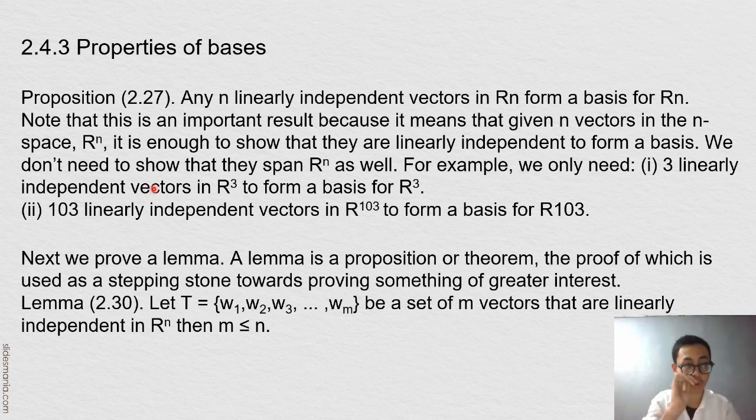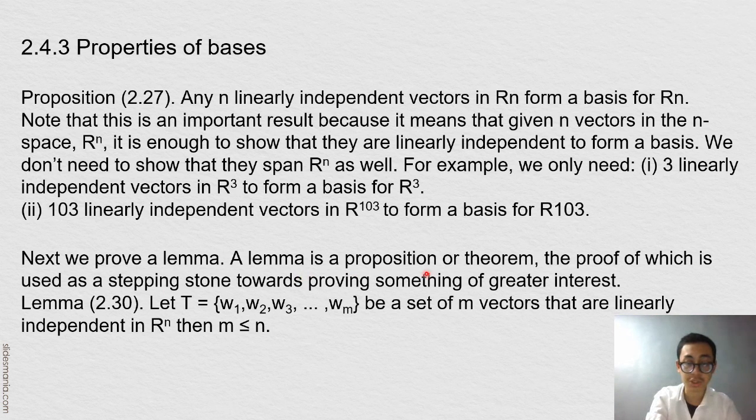To form a basis, we don't need to show that they span R n as well. For example, we only need 3 linearly independent vectors in R cubed to form a basis for R cubed, and 103 linearly independent vectors in R 103 to form a basis for R 103.